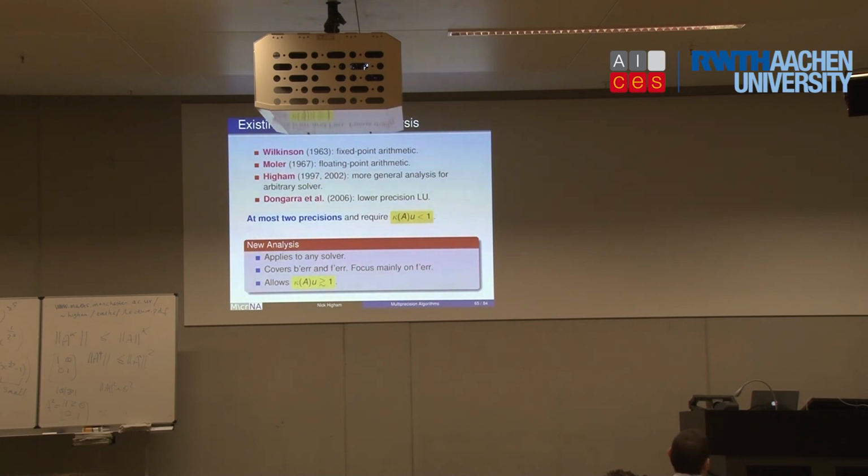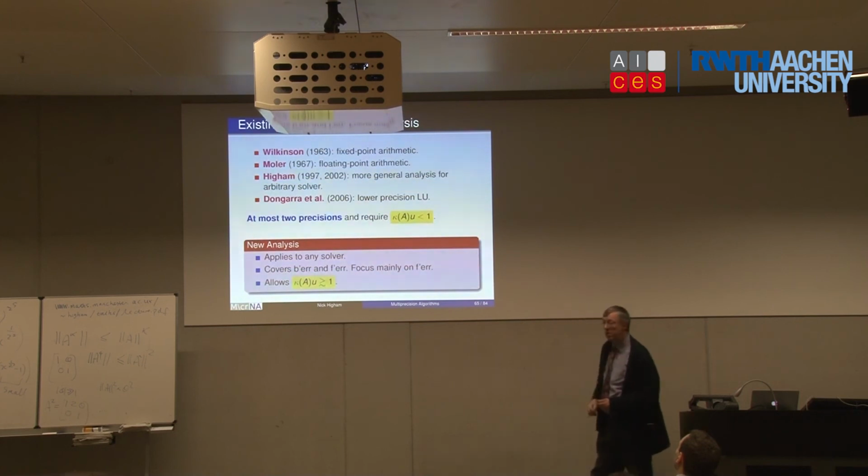Unfortunately, my analysis doesn't cover the form of refinement that Dongarra et al. used, but they had their own error analysis. All the above analyses are for at most 2 precisions, and they also require that the condition number of A, remember kappa(A) is norm A times norm A inverse, a measure of the difficulty of the problem, times the precision is less than 1.